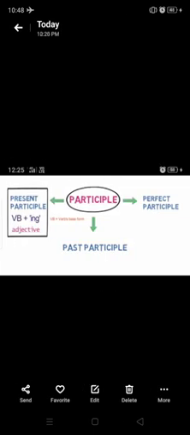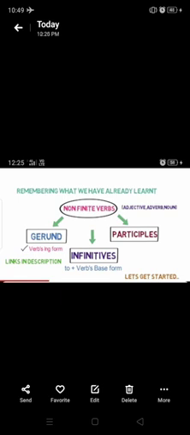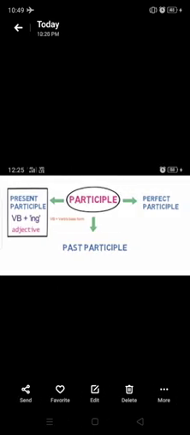Even here in present participle also, we add ing to the verb's first form. So you don't have to get confused here, because gerund acts like a noun in a sentence. Okay, remember noun, subject, object, but present participle acts like an adjective. You will understand this better when we do more sentence examples. So how do we create a present participle? We create a present participle by adding ing to the verb's first form.